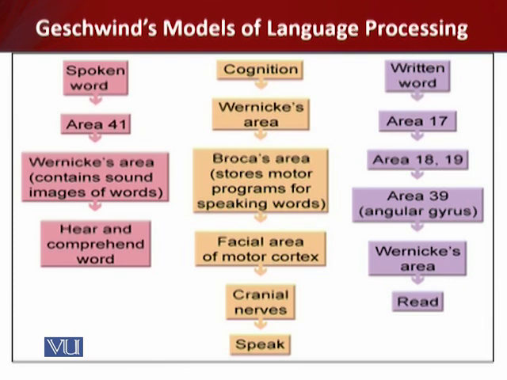First, for listening to and understanding spoken words, the sound of the words is sent through the auditory pathways to area 41 of the brain, which is the primary auditory cortex. From there, it continues to Wernicke's area, where the meaning of the words is extracted.